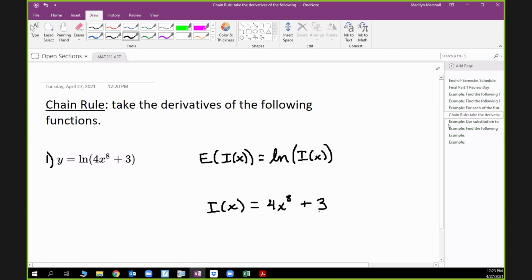So we need to know what our exterior and interior are, and we also need the derivative of each of those. So natural log is 1 over whatever is in it. So that would be 1 over I of x. And the derivative of the interior, that's just a power rule.